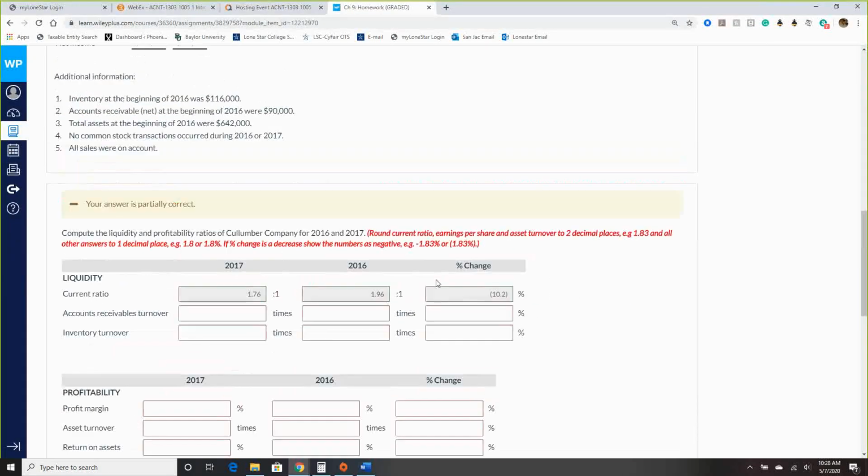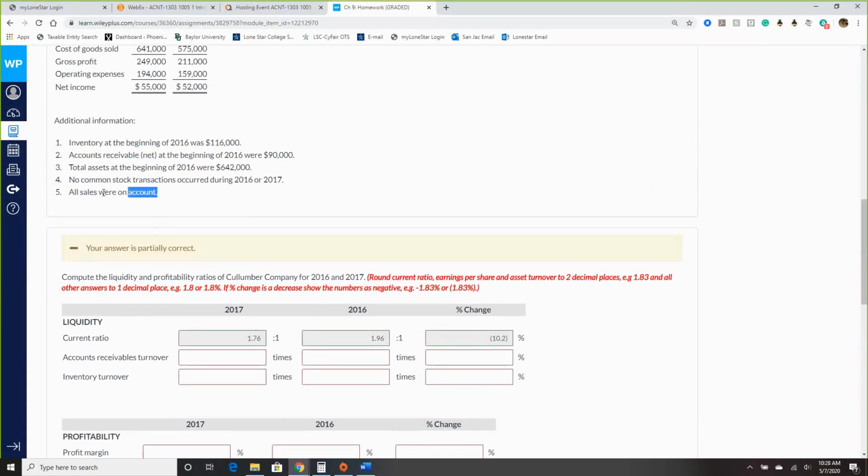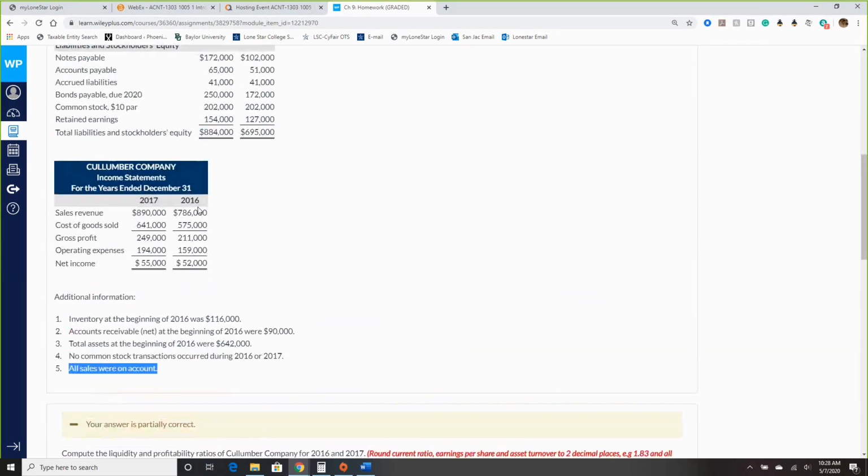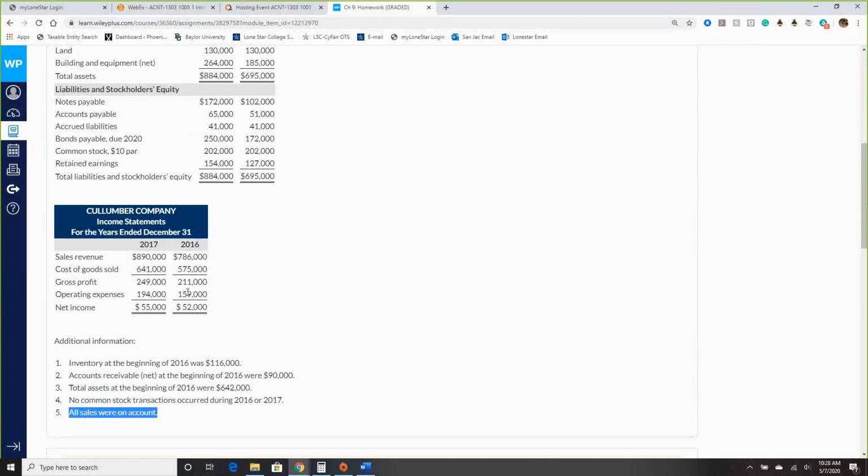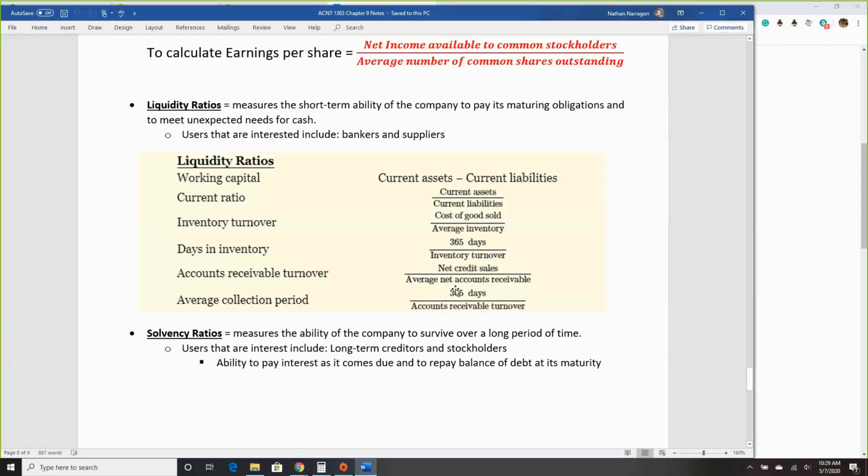Alright, so this one does say all sales were on account. So with that being said, we don't have to worry about figuring out cash sales. So all sales are there. So we know that. We just need to find the average net accounts receivable.